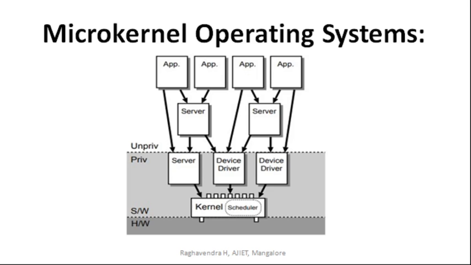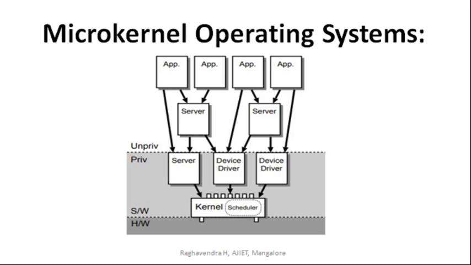This increases both modularity and extensibility, and it still accesses the kernel via system calls, but needs a new way to access the server, that is an inter-process communication scheme.